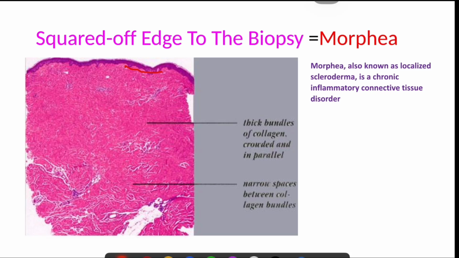So this is a chronic inflammatory condition and a connective tissue disorder where you find squared off edges. So you can identify a square biopsy. When you receive this type of squared off biopsy, and you can identify thickened collagen bundles, then the diagnosis is morphea.